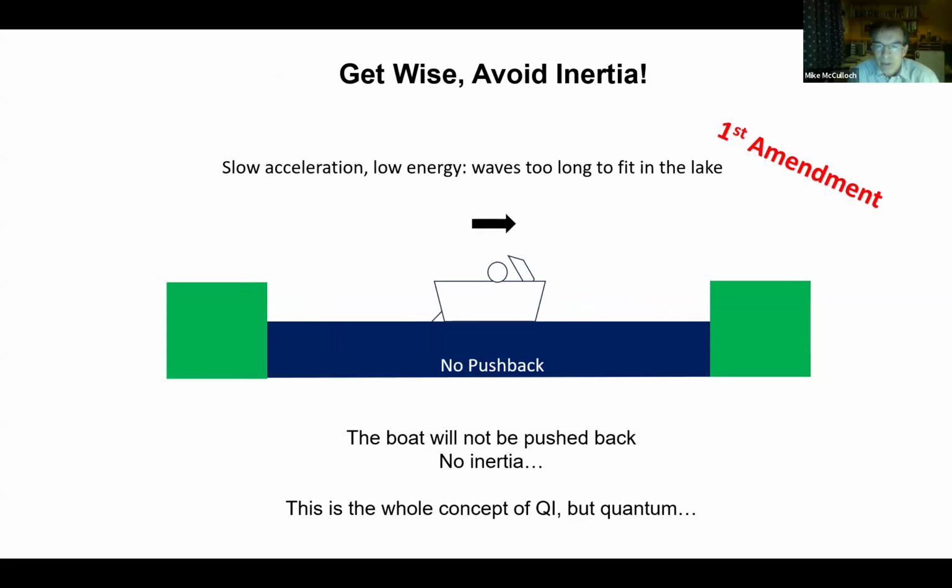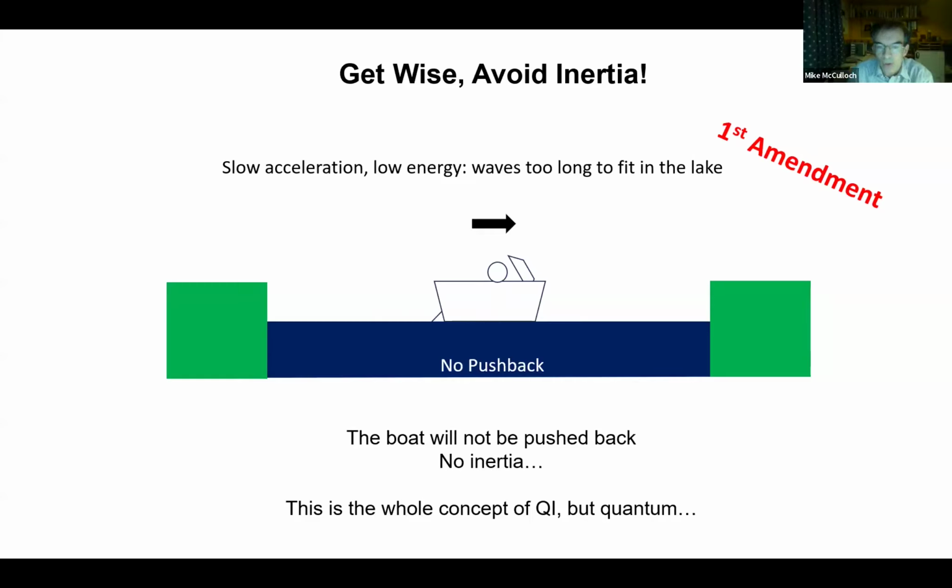And if the energy you put in is so low that the waves are longer than the lake, then they can't form on the lake, because the lake is a bounded area. So you would get a flat lake then. So you would be accelerating with a flat lake. There'd be no waves pushing from both sides of the boat, and there'd be no pushback, no inertial mass. So in that way, you'd be able to travel far more efficiently with less energy.